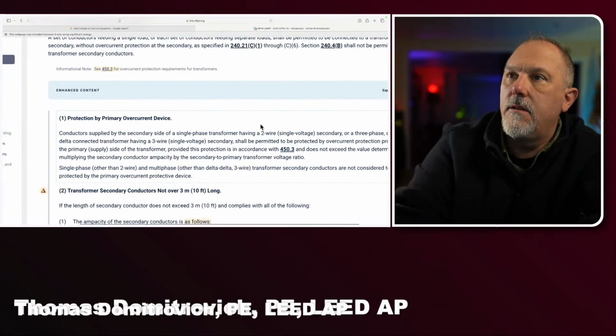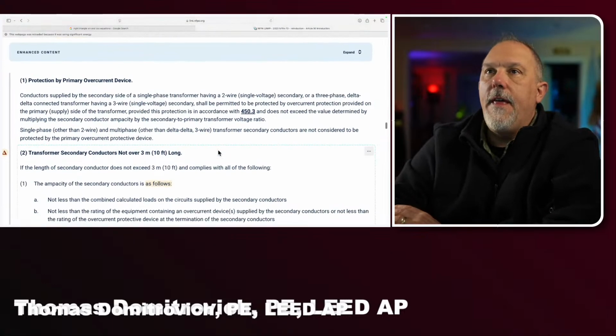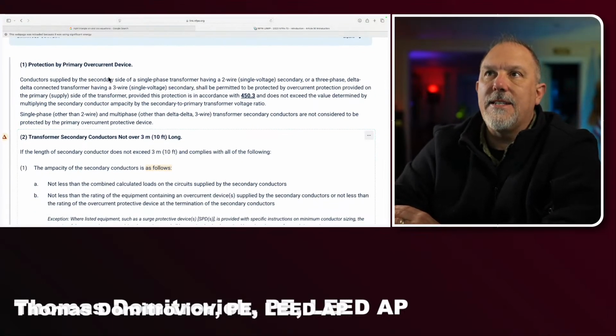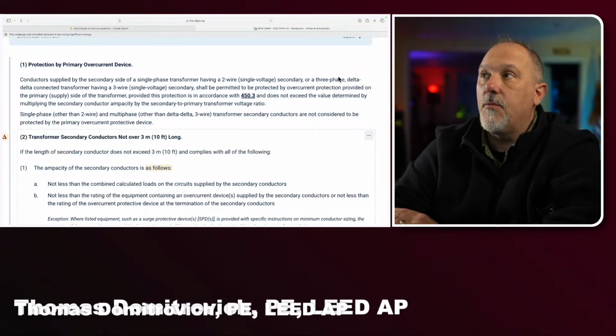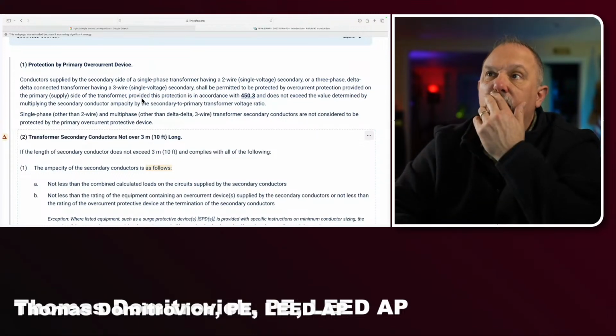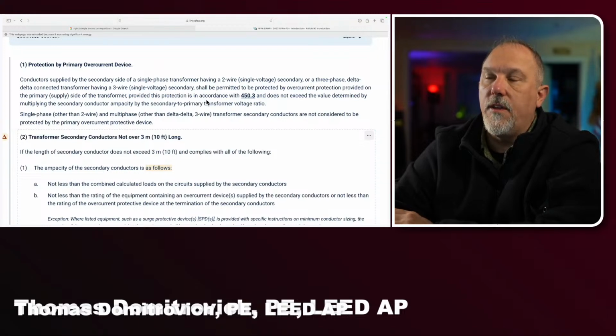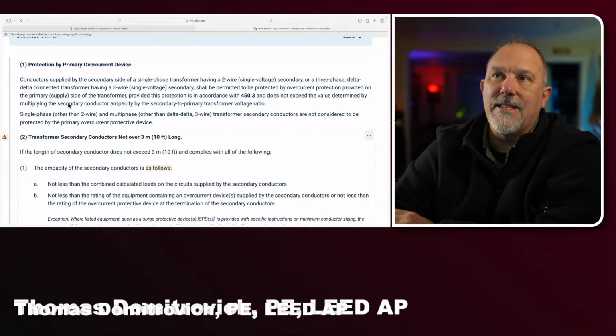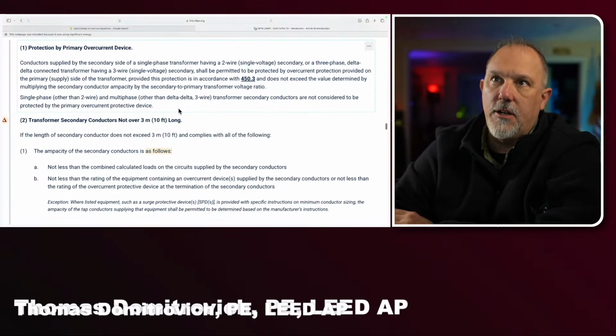It says that conductors supplied by the secondary side of a single-phase transformer having a 2-wire secondary, or a 3-phase delta-delta connected transformer having a 3-wire single-voltage secondary, shall be permitted to be protected by overcurrent protection provided on the primary side of the transformer, provided this protection is in accordance with 450.3 and does not exceed the value determined by multiplying the secondary conductor ampacity by the secondary to primary transformer voltage ratio.